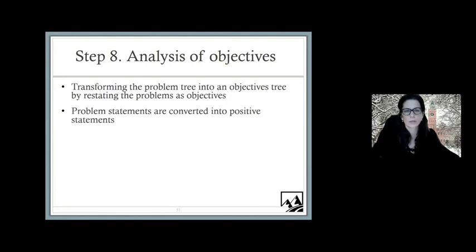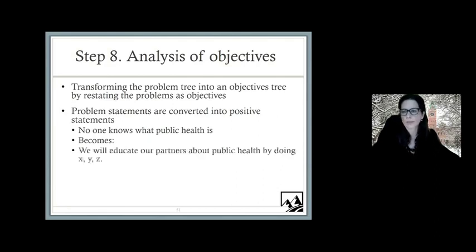Basically, you're restating a problem statement into a positive statement. Like, no one knows what public health is. That's a problem statement. We can translate that into a positive statement that says, we will educate our partners about public health by doing XYZ. That's a very simple example of how you go from a problem tree into an objectives tree. And again, you read it from the bottom up.